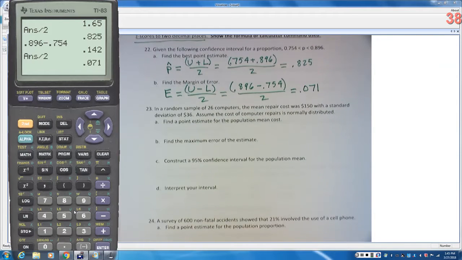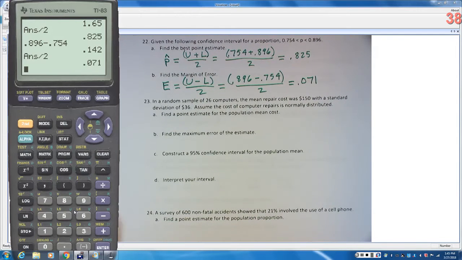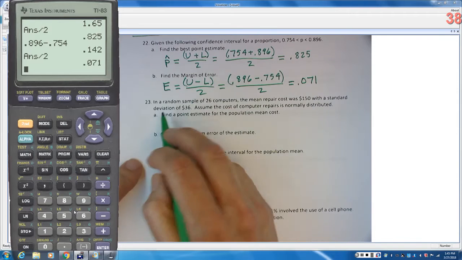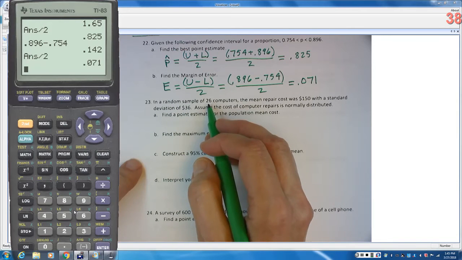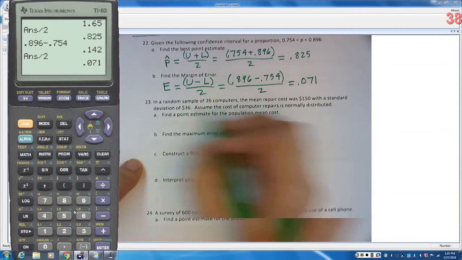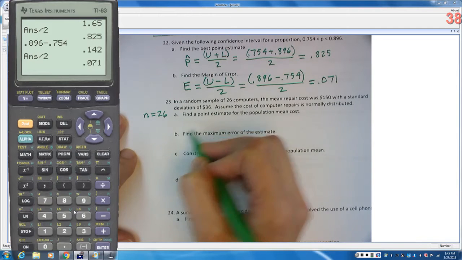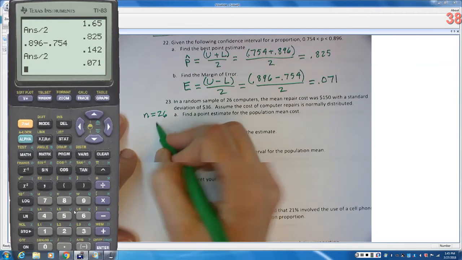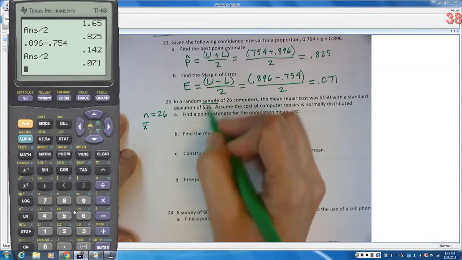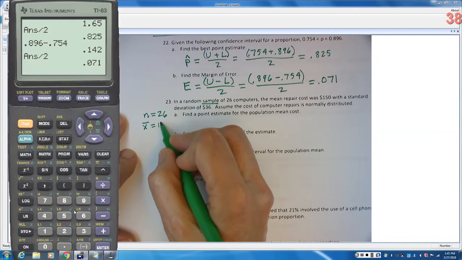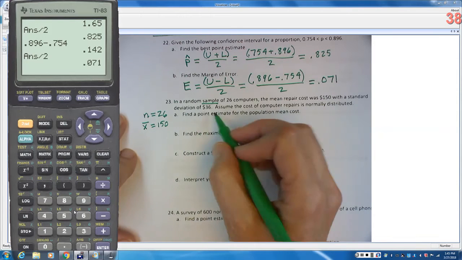All right, and then some problems. In a random sample of 26 computers, so n is 26, the mean repair cost, so that's our x bar because that's a sample, is 150 with a standard deviation of 36.